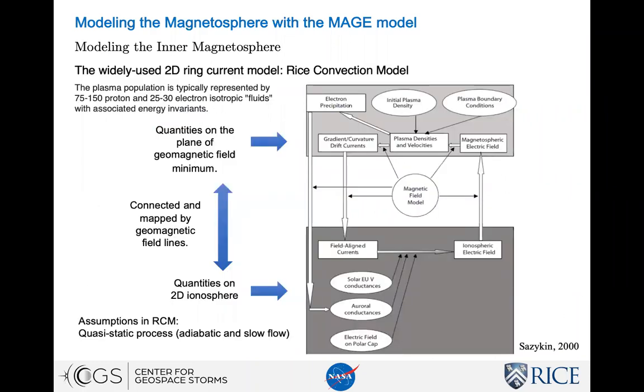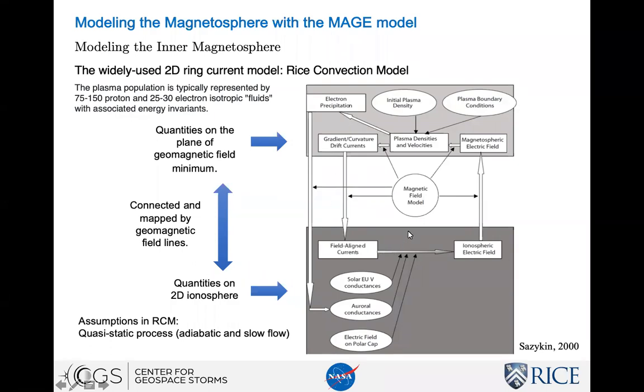The Rice Convection Model is a widely used ring current model. The plasma population is represented by multiple channels of electron and ion fluids with different associated energies. It requires magnetic field inputs and information of plasma moments when it's run.